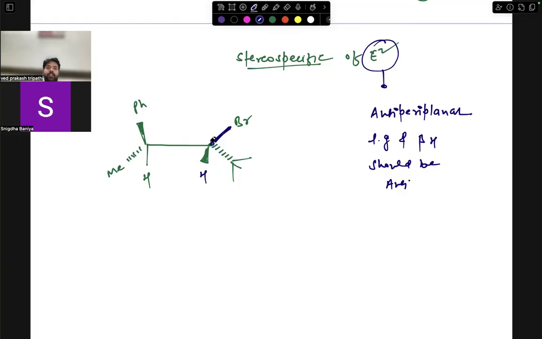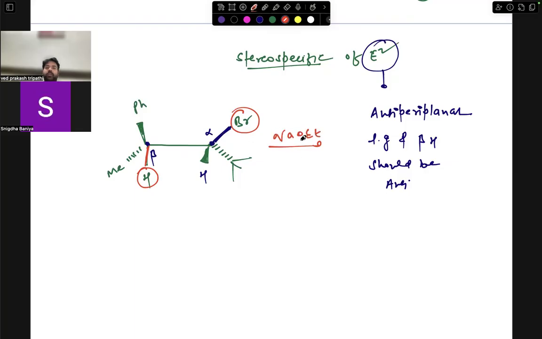So you can see this is my alpha and this one is my beta. You can see the position here: bromine is up and hydrogen is at the opposite end. So this is anti-periplanar. And suppose here we have a base NaOEt.